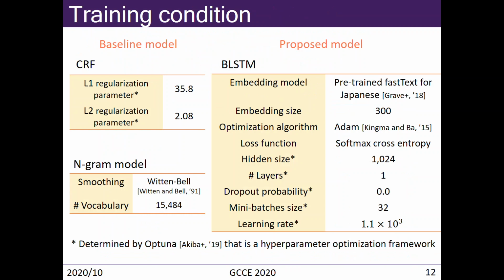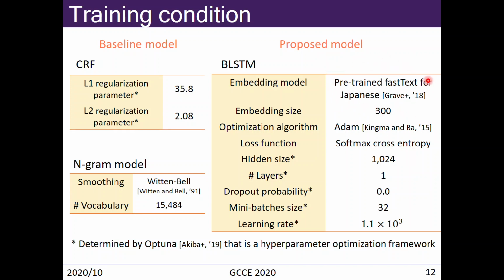The training conditions for the models are as follows. The left table shows the conditions for the baseline model, and the right table shows the conditions for the proposed model. The input of the BLSTM was 300-dimensional word embedding obtained from the fastText model for Japanese.